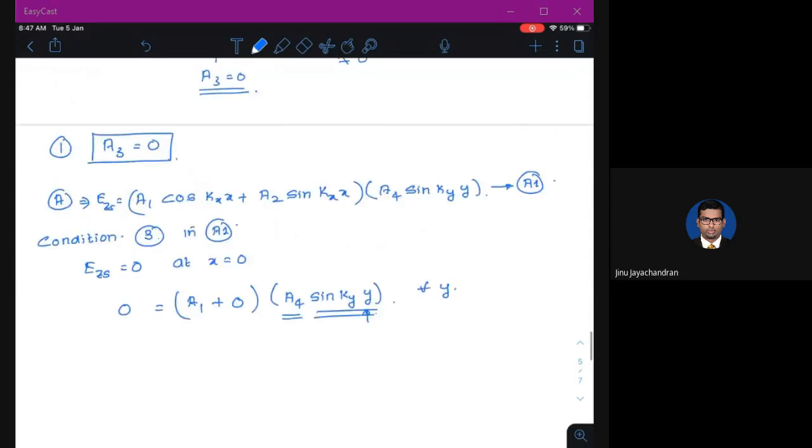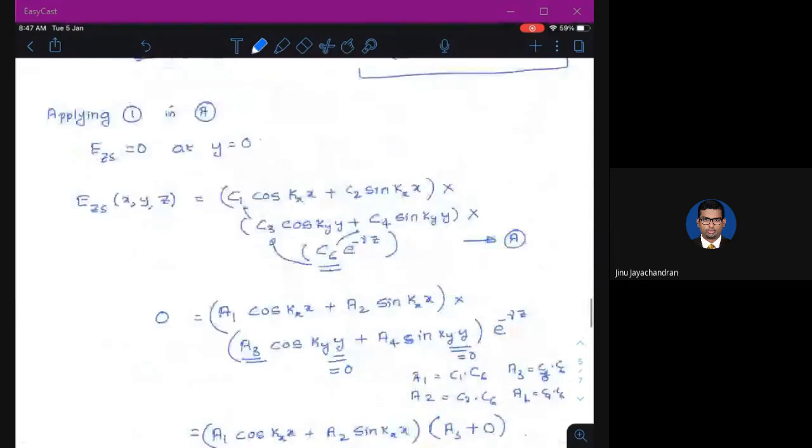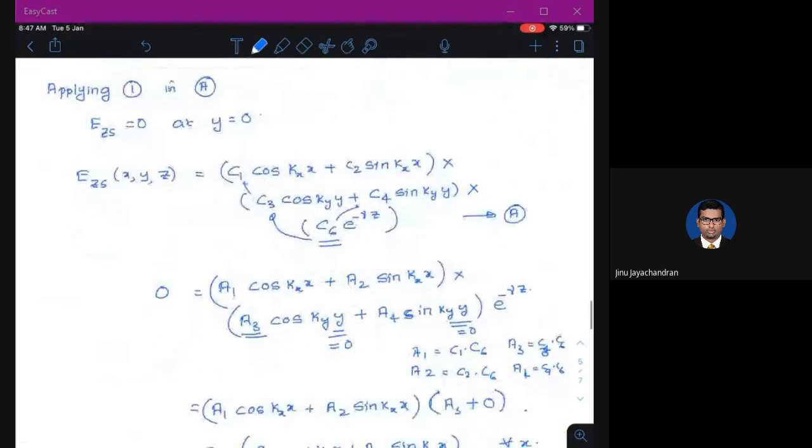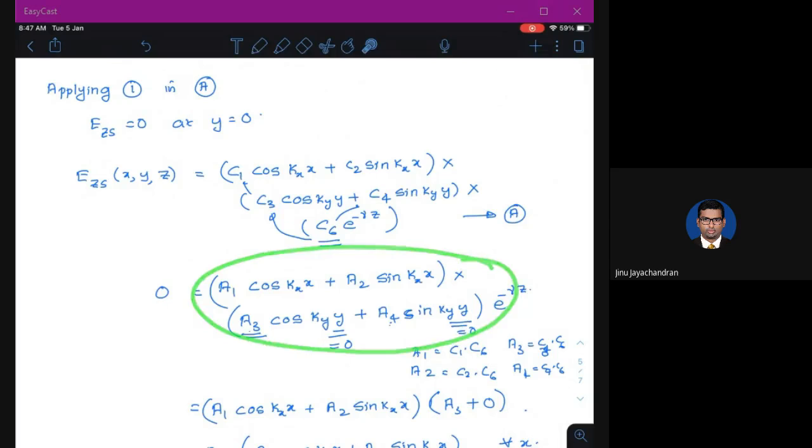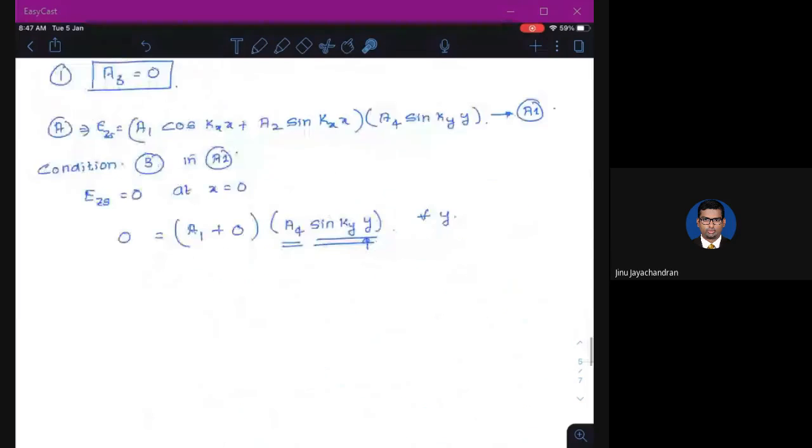So when A4 is 0, if you look at the complete equation, A3 is already 0. Now if A4 is also 0, then this whole equation will be 0 for all x and y, which is not possible because you need to have EZS.